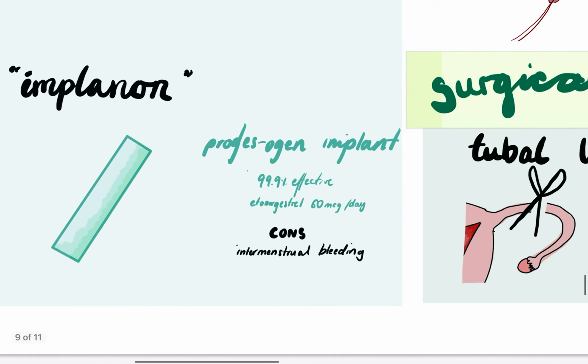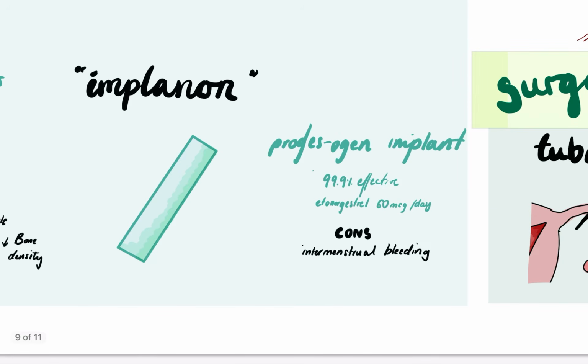Now with the Implanon, this is also very effective. It's inserted into a person's arm. Imagine that being someone's arm. And it slowly releases progestogen. That's weird. That's supposed to be there. This is 99% effective. It releases 60 micrograms of etonogestrel per day, and this slowly titrates down to 30 micrograms.